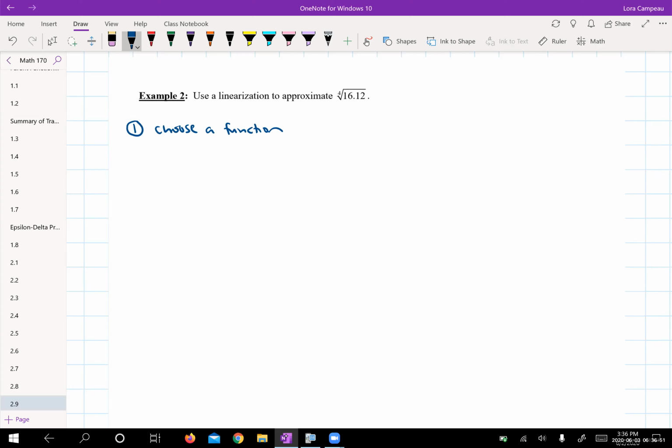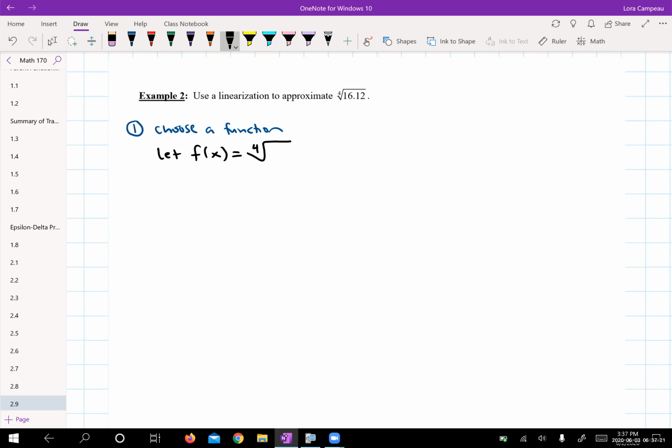You want to have it differentiable, and it's supposed to yield a value close to what we're supposed to approximate. So if we're looking at a certain expression, right away what's blaring in my mind, I'm seeing a fourth root. So I'll say let f of x equal, I'm going to use the same format as the original approximation.